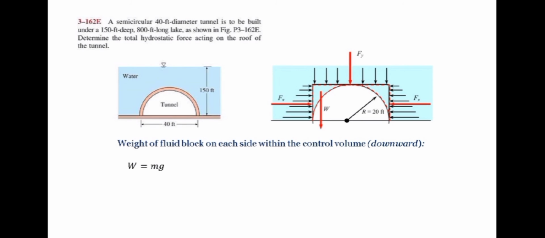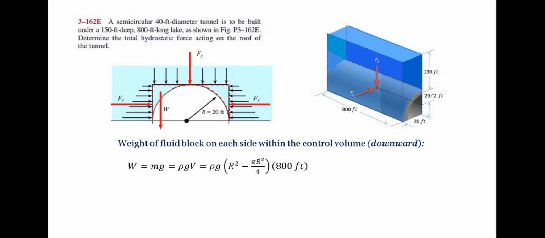Since we're dealing with fluid, let's convert mass into density times volume, turning the equation into ρ times g times V. Now, in finding the volume of this water, we need to multiply the 800 feet length of the tunnel times this part of the water, which can be obtained by subtracting the area of the semicircle from the area of the square. Now, let's start plugging in the values of our variables.